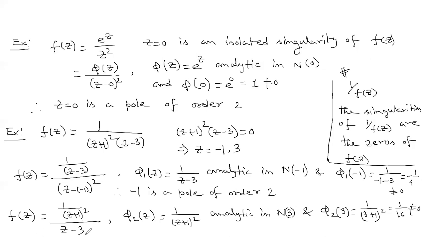So here we can see 3 is a pole of order 1, that means 3 is a simple pole.